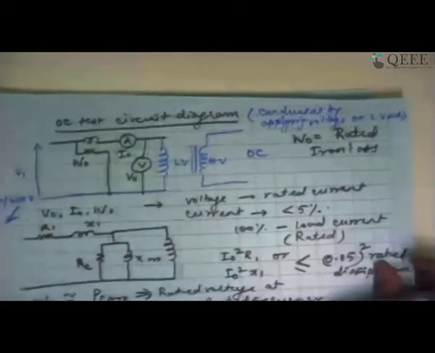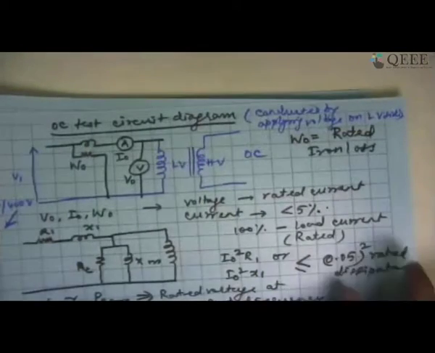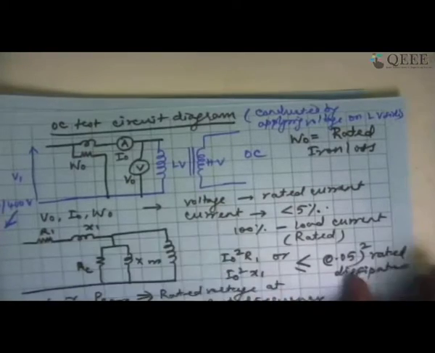We apply rated voltage, but the current that is flowing is very, very small, only 5%. So I essentially get the core losses, which are the rated core losses themselves. So from the open circuit test, we are determining Rc, Xm, and P core.